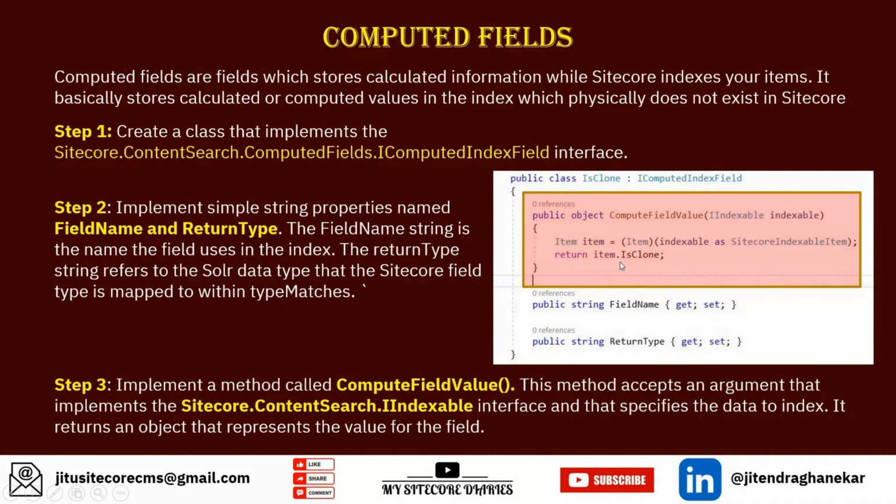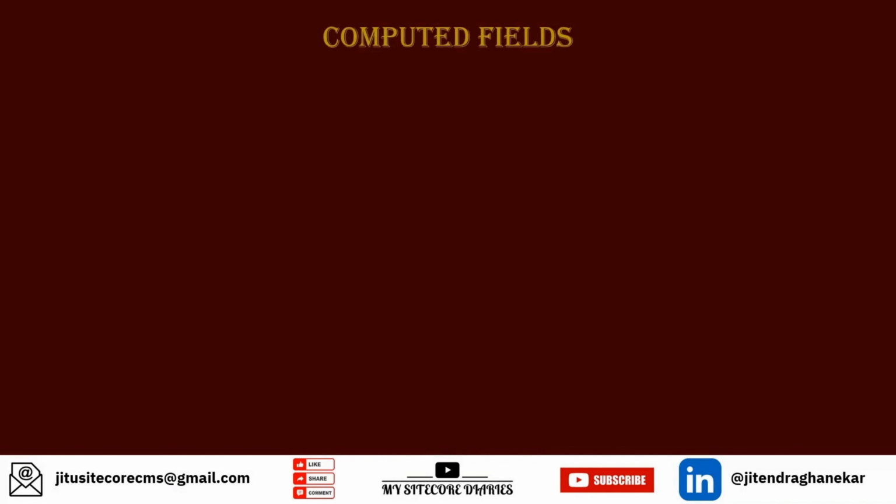Like here I want to implement the isClone property, which I want to index, so that's the reason I have written the logic here for isClone. Whatever your computed field logic is will come in the ComputeFieldValue, and the return will be the value of that field. So this is how you will implement the IComputedIndexField.